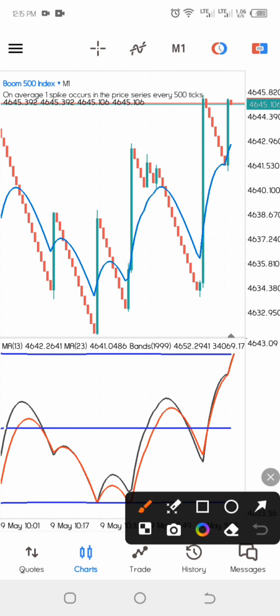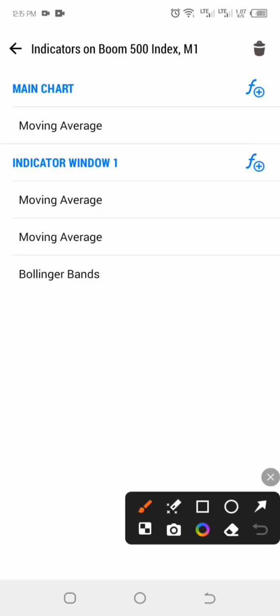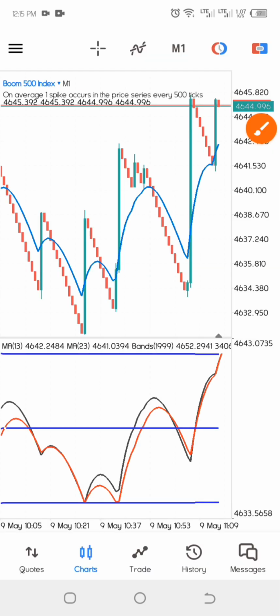Right here in the chart, this blue line stands for the moving average, and these two lines right here also are the moving average, and this blue line on our indicator window stands for the Bollinger Band. So that is all the indicators we are going to be using on this strategy. Let me show you how you can now use this strategy.